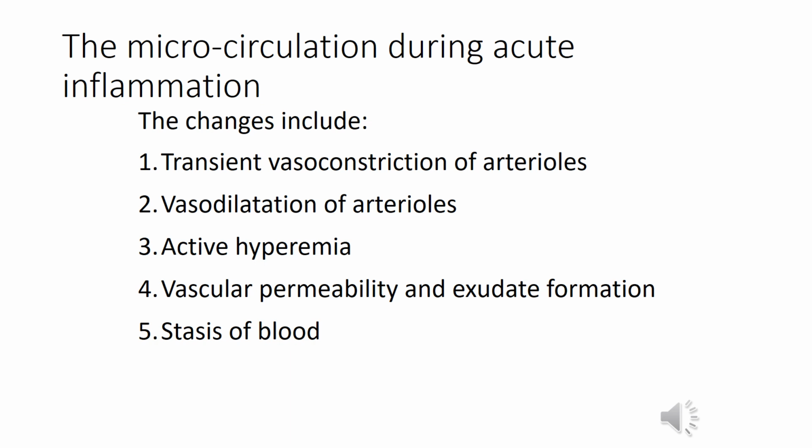There will be widespread vasodilatation. There will be what we call active hyperemia. There will be increased vascular permeability with exudate formation and stasis of blood. Number 6 would be now accumulation of white blood cells, which we shall look at a bit separately.